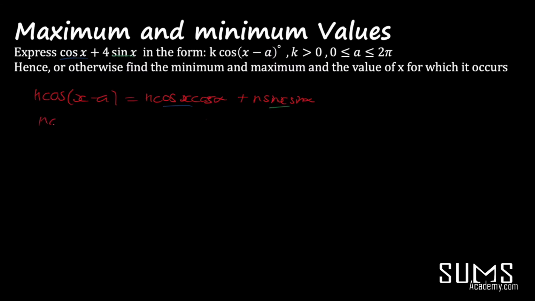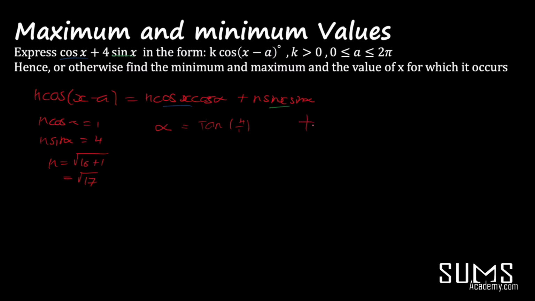So k cos alpha equals 1, k sin alpha equals 4. K is going to be equal to root 16 plus 1, equal to root 17. Alpha is going to be equal to tan inverse of 4 over 1.